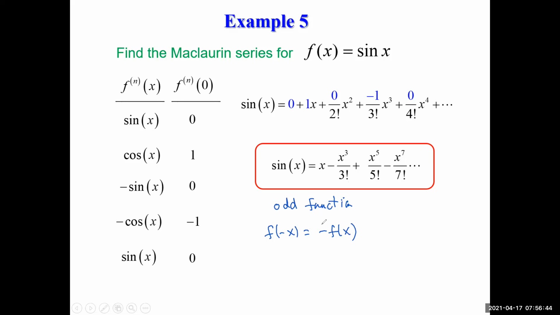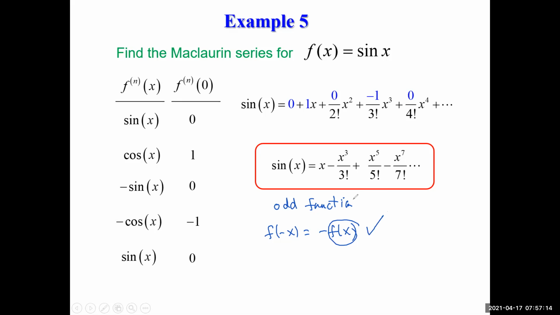And one thing we can see clearly is that all the powers are odd. If you plug in negative x, you'll get negative, negative, negative. Everything turns negative, so all the signs flip, and you end up with a new function that is just the opposite of the original function. You can actually check. So that is an odd function.